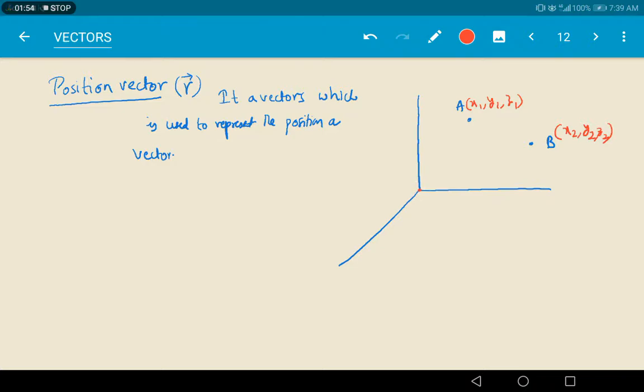Let us join the positions of A and B with the origin. Now we can write the position vector of A, that means OA bar. I am taking this as R1.